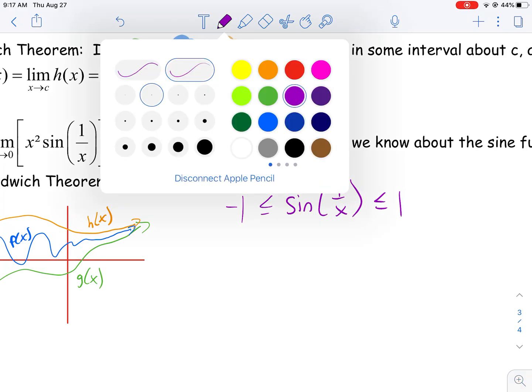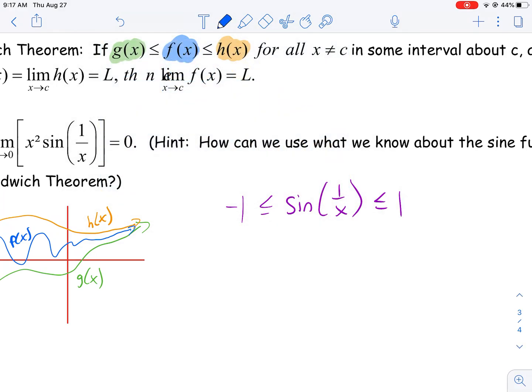So then what we're going to try to do is rebuild this function over here. That's pretty simple to do. All we have is an inequality, and we can manipulate an inequality and keep it true just by adding the same thing to all three parts or multiplying. In this case, multiplying is exactly what we want, because the only thing we're missing from the given function is this x squared term.